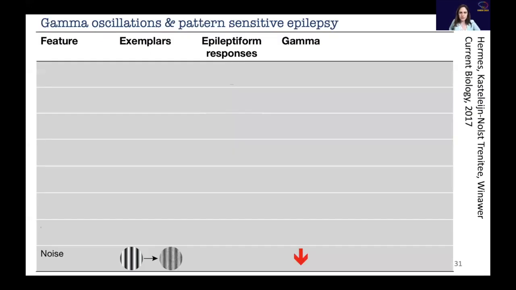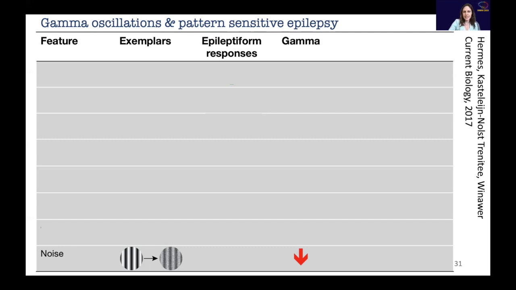And in order to do that, we did a literature review about the last couple of decades that measured, for example, gamma power in local field potentials in MEG or in EEG for different stimulus features. And we've seen, as I showed you before, that gamma power is reduced when we increase the level of noise on a grating. So for noise masking, gamma power is reduced.